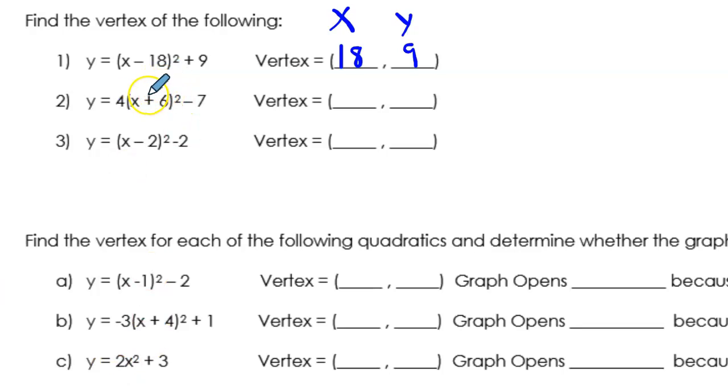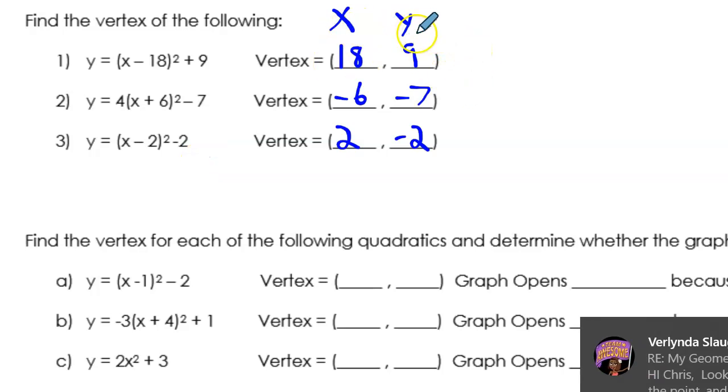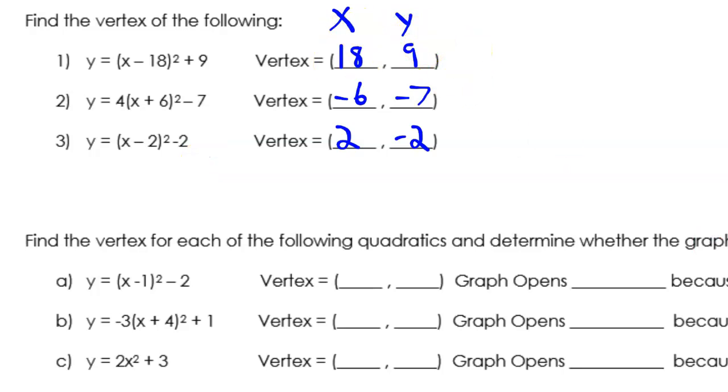So our vertex is going to be at negative 6, negative 7, because we changed this sign. On number 3, x minus 2 is going to result in a positive 2 for our x value and a negative 2 for our y value. That's how we find the xy coordinate of our vertex.